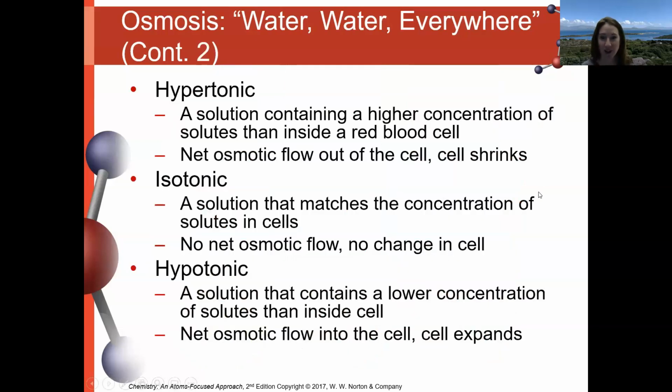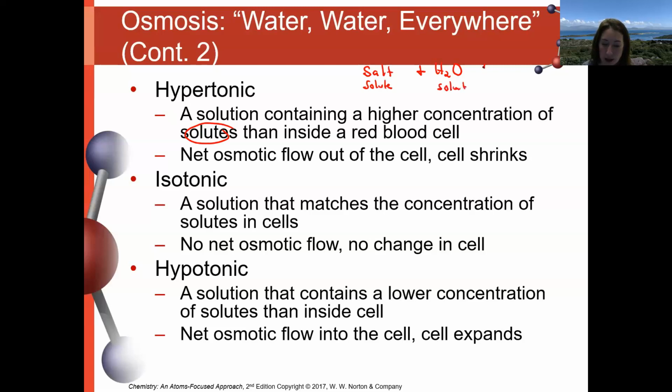So, okay, just to review, hypertonic is a solution that has a higher concentration of solutes. Solute is the thing there's less of. So we have salt and water. The solute is the salt, the one there's less of. The water is the solvent.